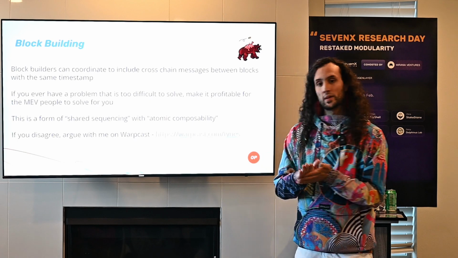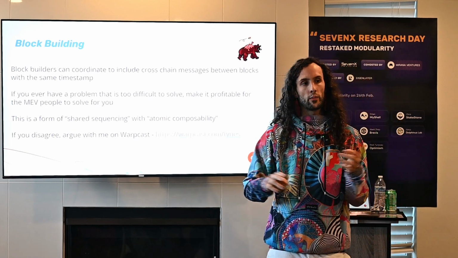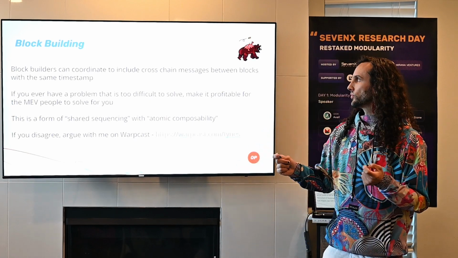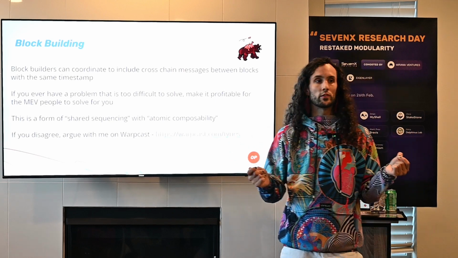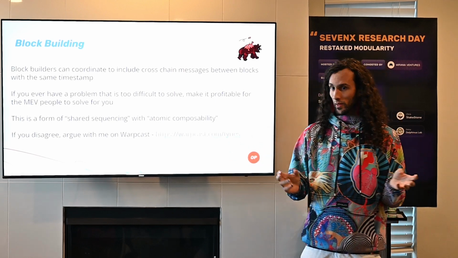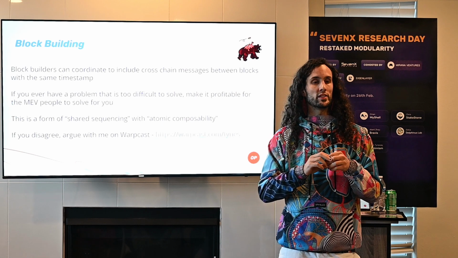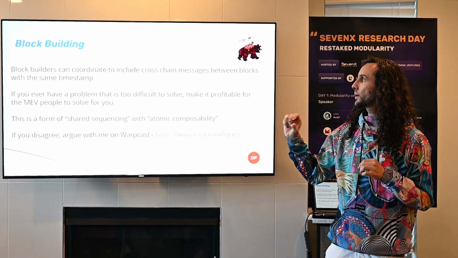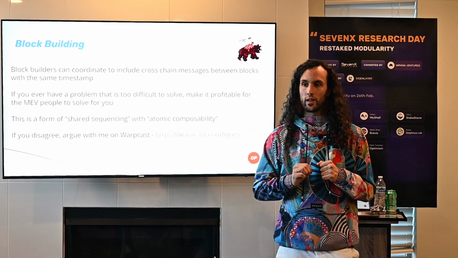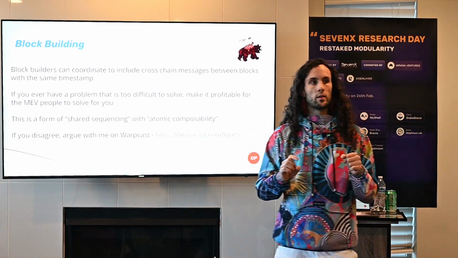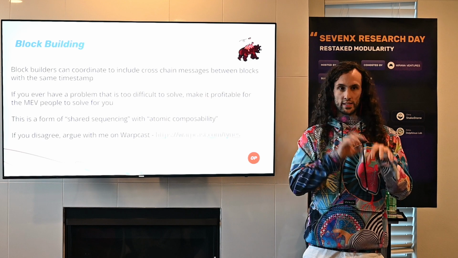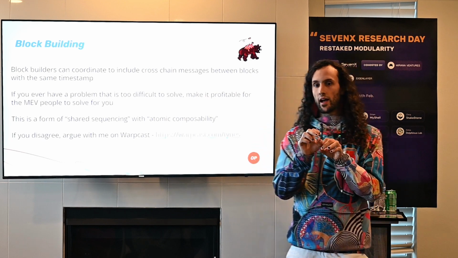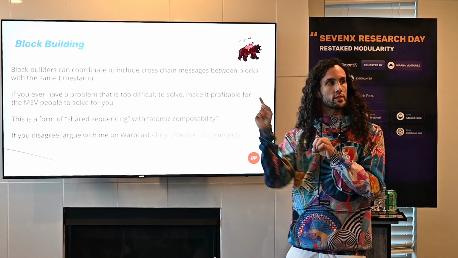So what this means, now that we have cross-chain calls, is that we have block building, right? The scalability of this kind of scheme is based on the ability for block builders to coordinate, right? Because you're basically making these transactions that have identifiers that point to logs, right?